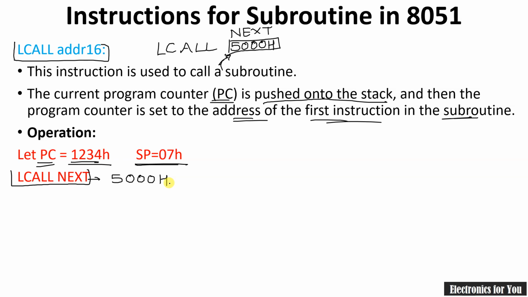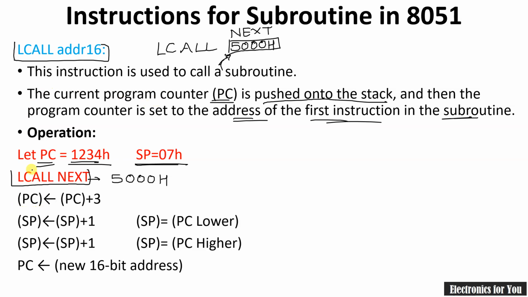Now what will happen once this instruction is executed? I have already explained the procedure. First, this is a 3-byte instruction, LCALL NXT, and therefore the content of the program counter will be automatically added with 3.